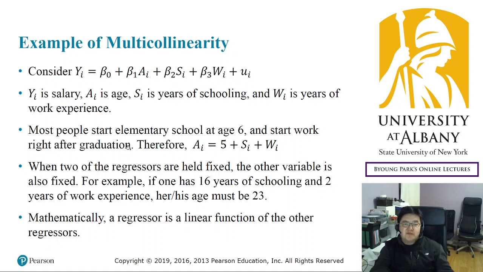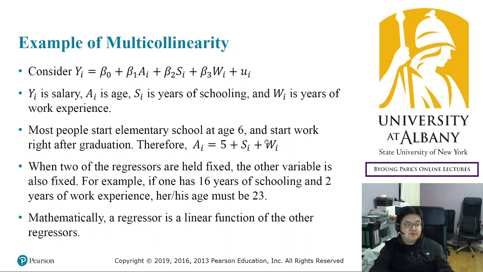So therefore, your age consists of 5 years before you enter school, the years in school, and the years after graduation, which is your work experience. So there is a perfect linear relationship.